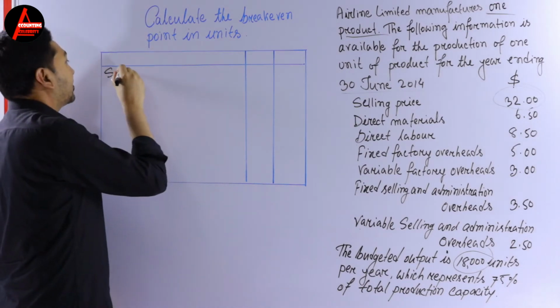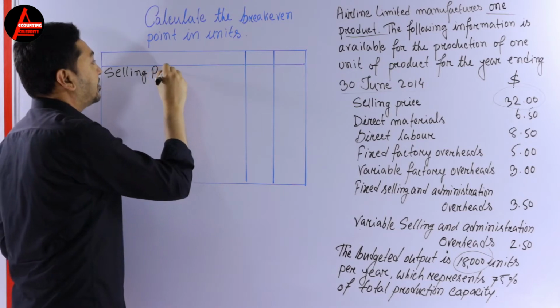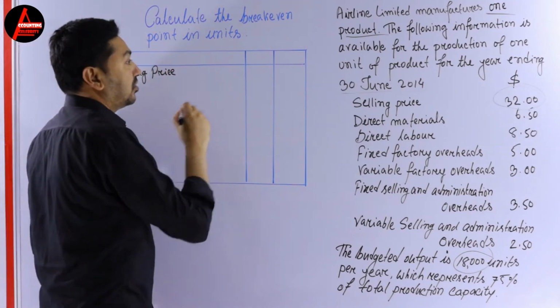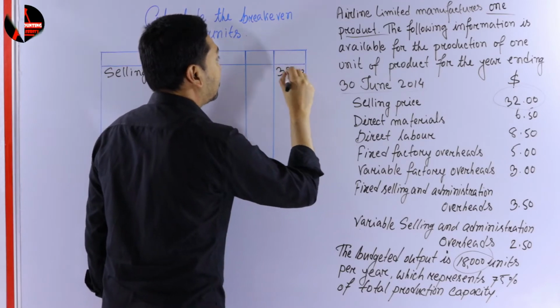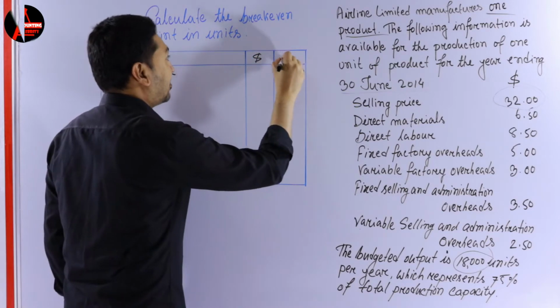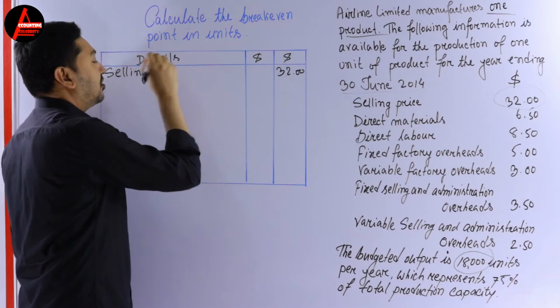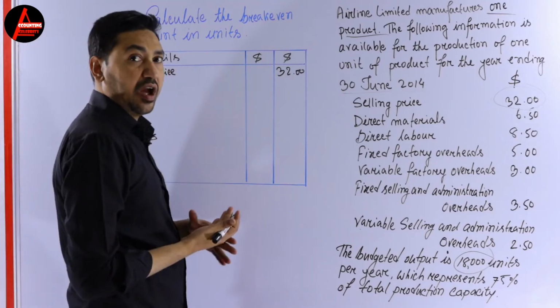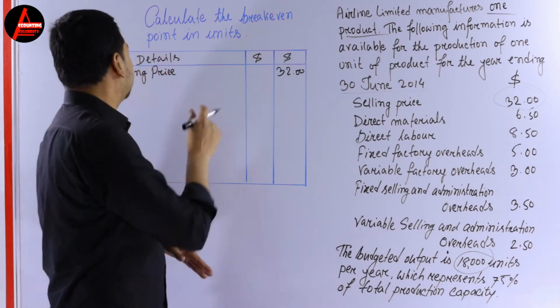So write selling price is $32. Here we have two columns, dollar and details, just to facilitate our calculation. Then we have to subtract all of our variable cost from this selling price.